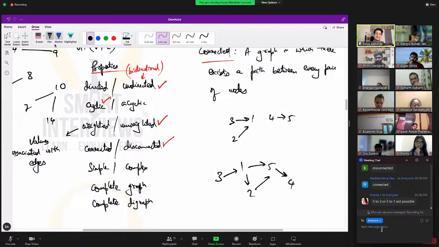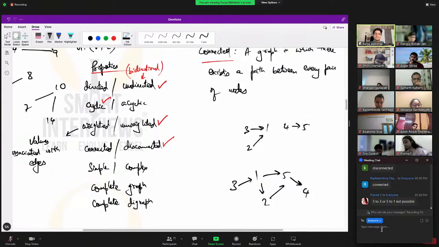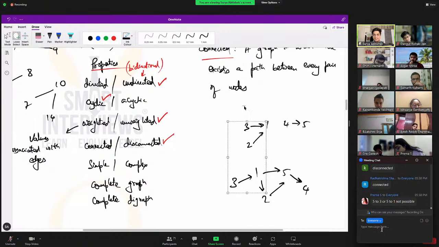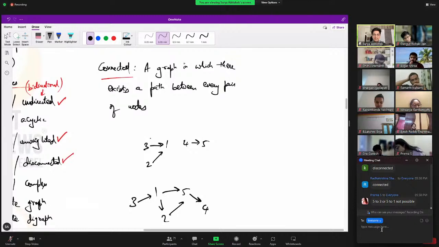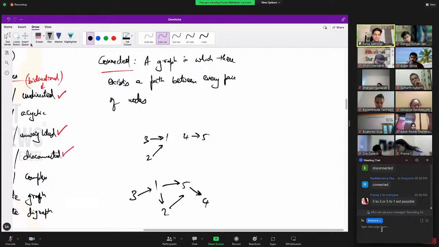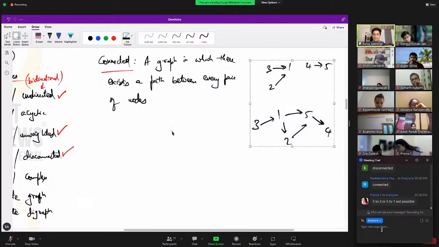So in directed graphs, you don't have just connected or disconnected. In directed graphs, we have, let me get rid of this for now, weakly connected and strongly connected.